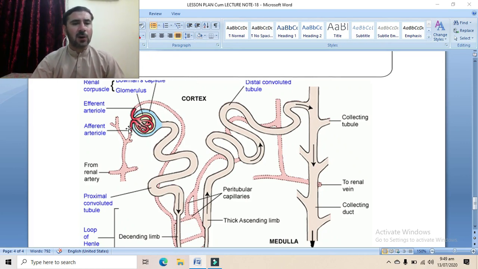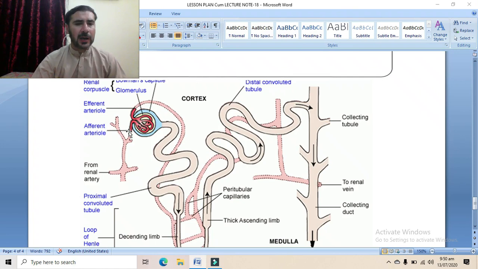The second reason for the high blood pressure is that the diameter of this afferent arteriole is double that of this efferent arteriole which is leaving the glomerulus.